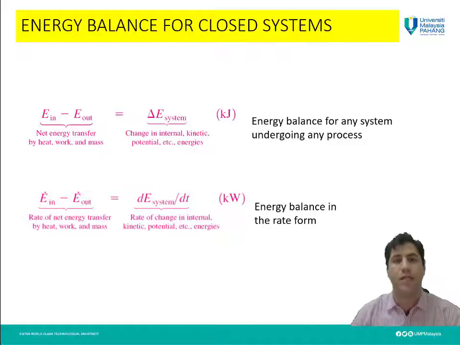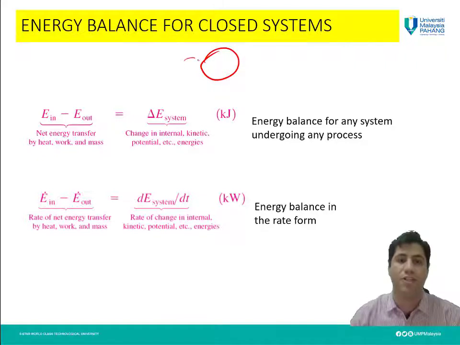If you remember, for closed systems we had this equation, which you can see here. We have energy which comes to the system, which we call E in, energy which goes out of the system, or E out, and the difference between this energy input and energy output will be equal to the change in the energy of the system.